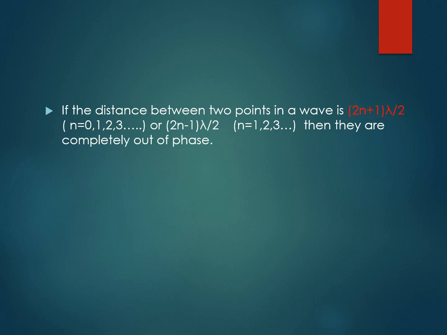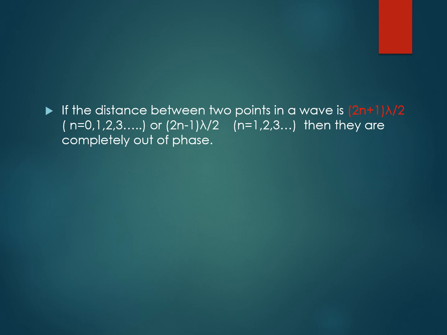The answer is (2n plus 1) into lambda by 2, or (2n minus 1) into lambda by 2. If you are writing (2n plus 1) lambda by 2, the value of n is 0, 1, 2, 3, etc. And if it is (2n minus 1) lambda by 2, you have to write n equal to 1, 2, 3, etc. So if the distance between two points in a wave is (2n plus 1) lambda by 2, then they are completely out of phase.